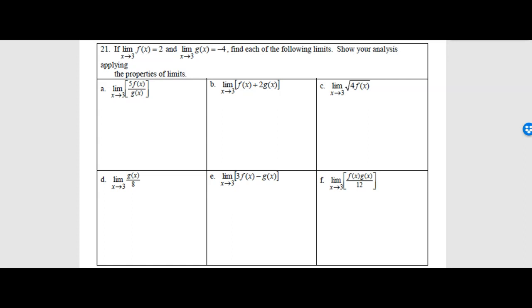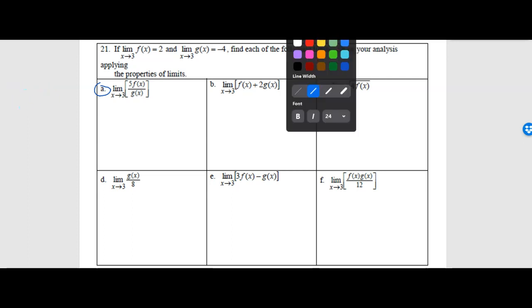So if we look at A, we are going to do the limit as x approaches 3 of 5. Well, actually, there's 2 steps we're going to do here, and I'm going to do them both in one swoop.